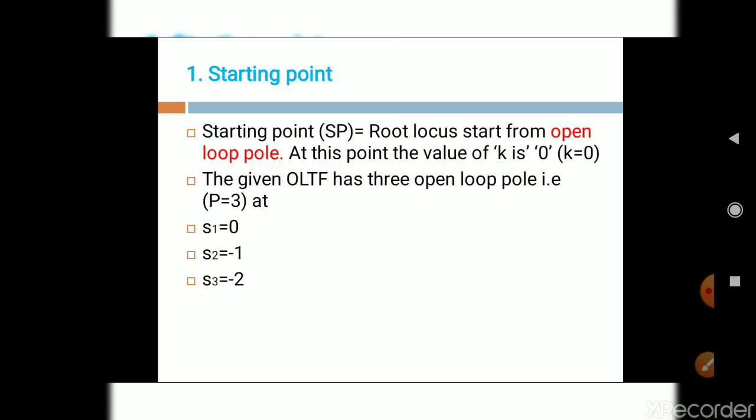Starting point: from where to start the root locus. Initially I need to find the starting point, and we know that root locus starts from open loop poles. At this point the value of K is equal to 0, meaning initially we are considering the gain to be 0 for that system. Now find the open loop poles and open loop zeros for the given transfer function.